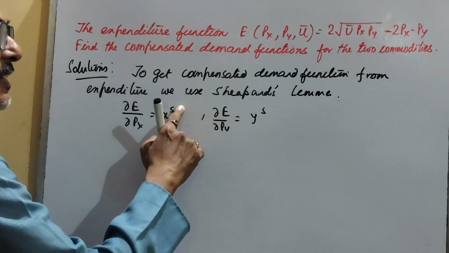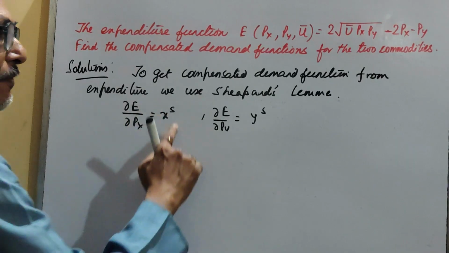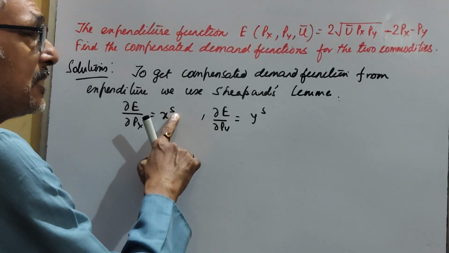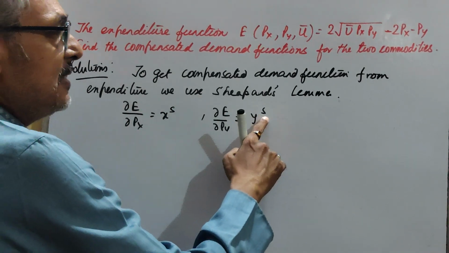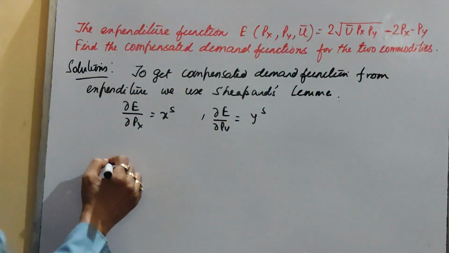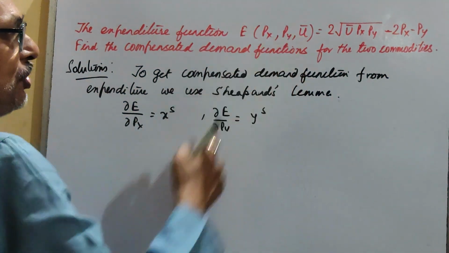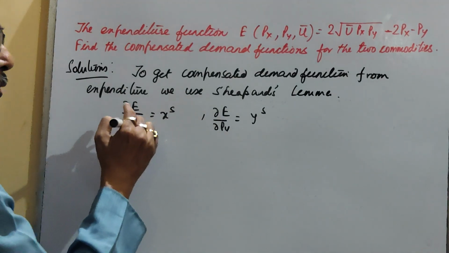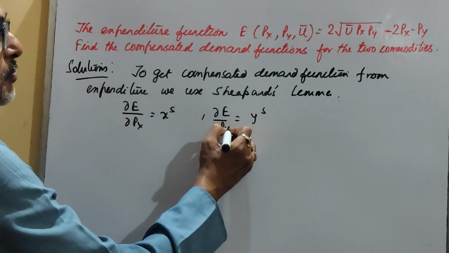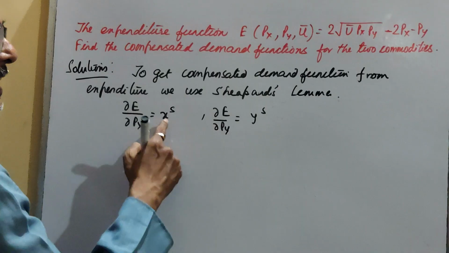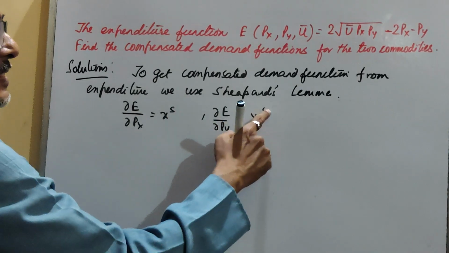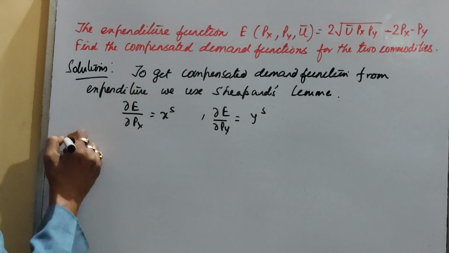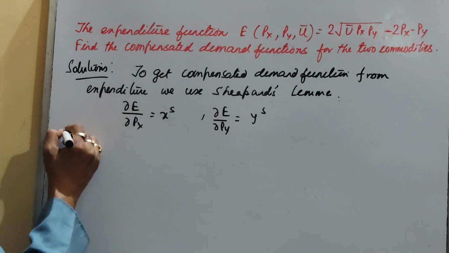This S stands for Slutsky. Now we partially differentiate this expenditure function with respect to Px and then with respect to Py to get Xs and Ys respectively. Now, the compensated demand function for X.